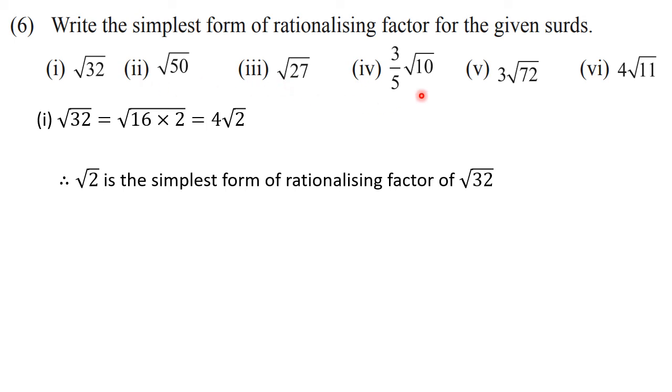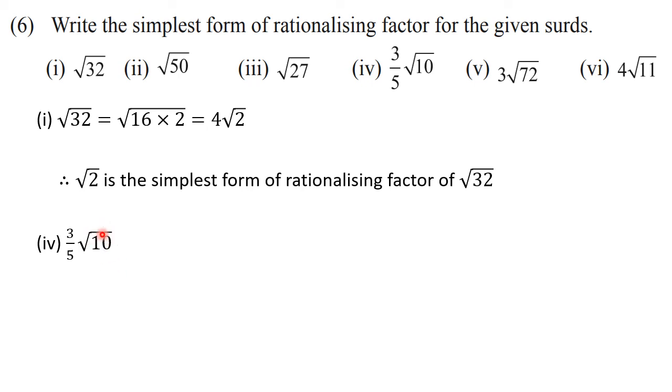Now I am solving question number 4. 3 upon 5 root 10. Now just think of this irrational part. Can you simplify it further? Can you factorize 10 in such a way that one factor is a perfect square? No. See, 10 you can write as 5 into 2, where both are prime numbers. They are not perfect squares.